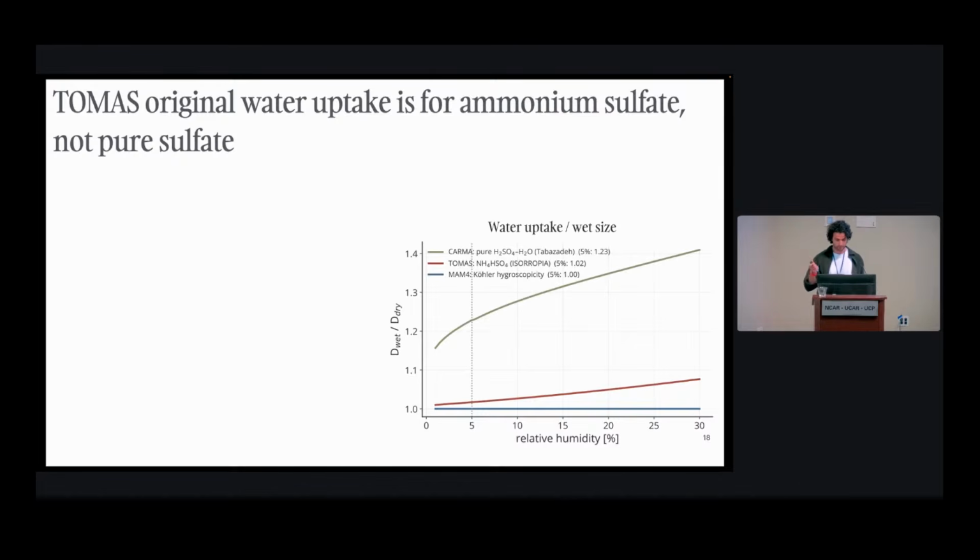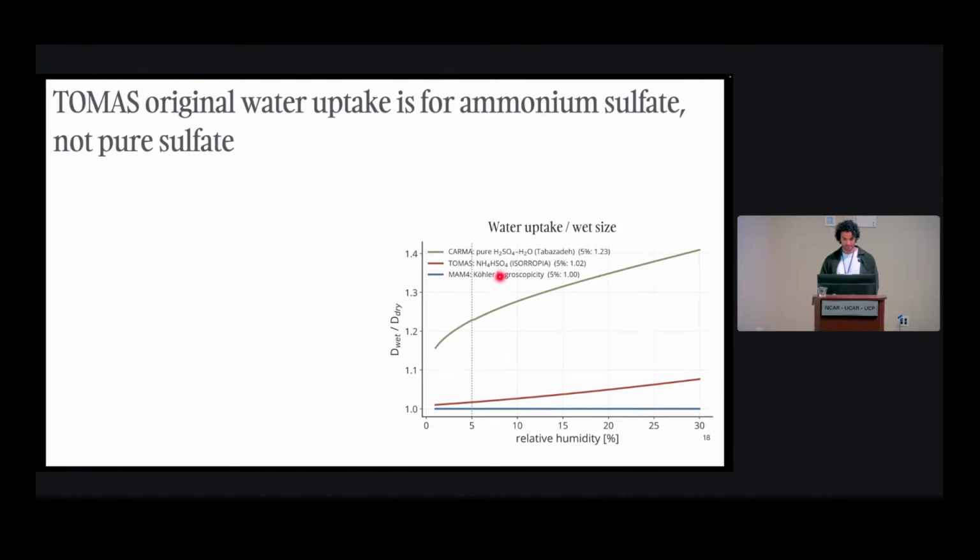for individual particles. So I looked at the models. These are the models I basically cloned from the GitHub repositories and was in the default mode. So for Tomas, I saw that the water uptake depends on the ammonium bisulfate, not pure sulfuric acid. Karma has a pure sulfuric acid water uptake, which is based on Tabazadeh 1995 paper.